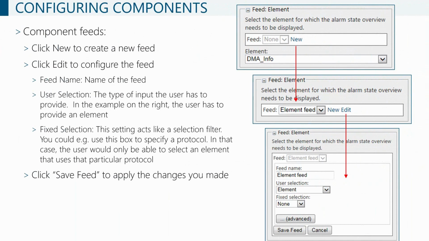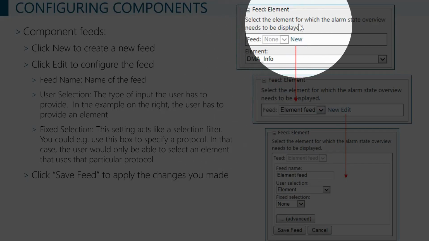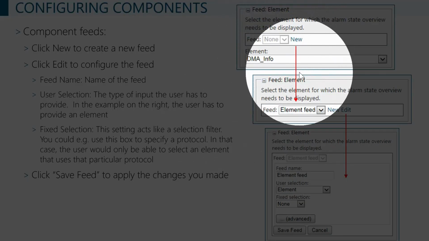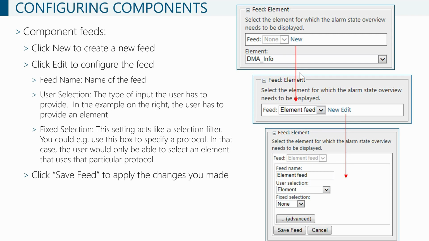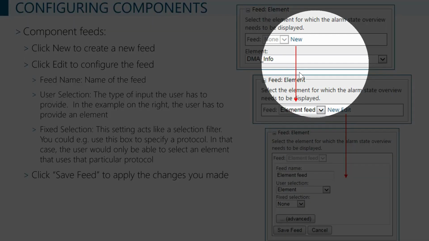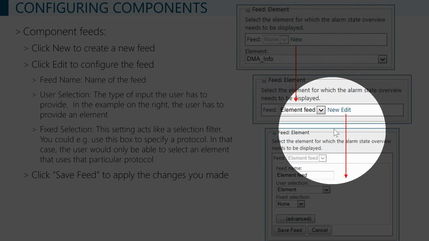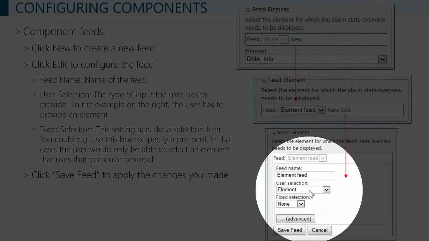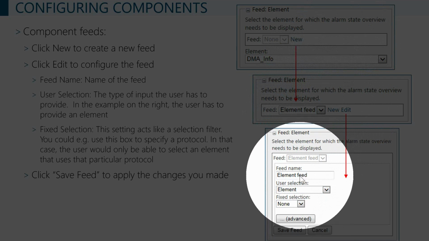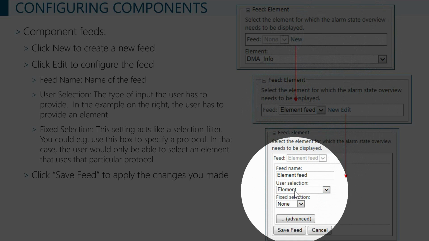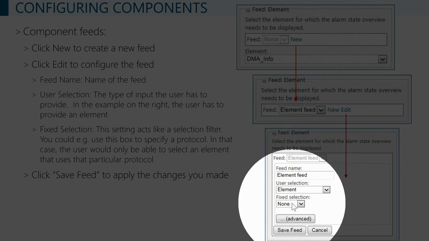Now I will immediately, for my pie chart, click on there. I will click on new feed, and it will immediately for me create a brand new feed, and it will have the name element feed. And if I click on the edit, you can open it up and you can take a look at it. A feed has a name, it has a user selection and a fixed selection.